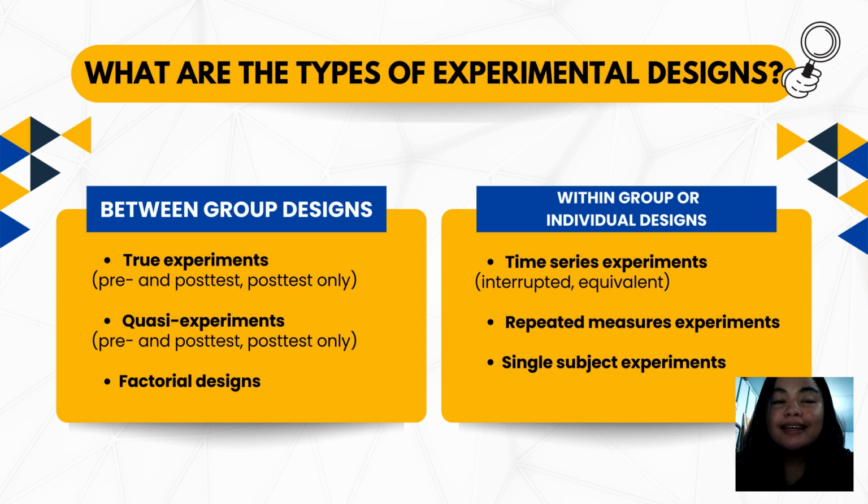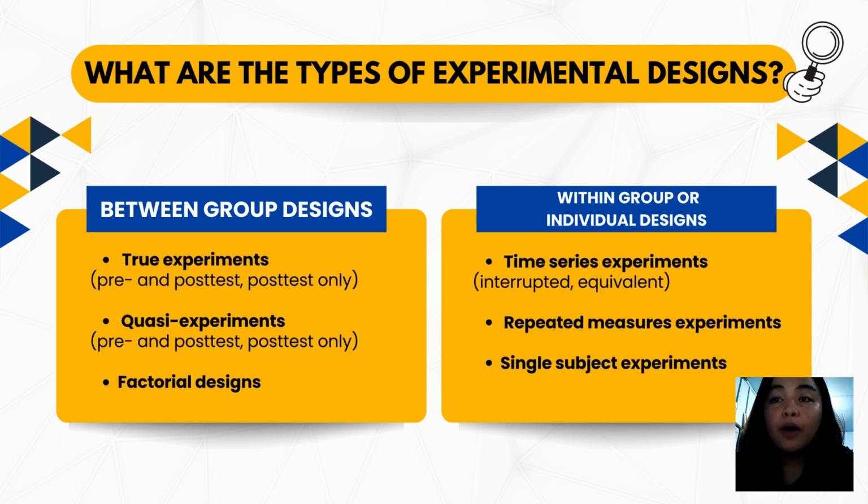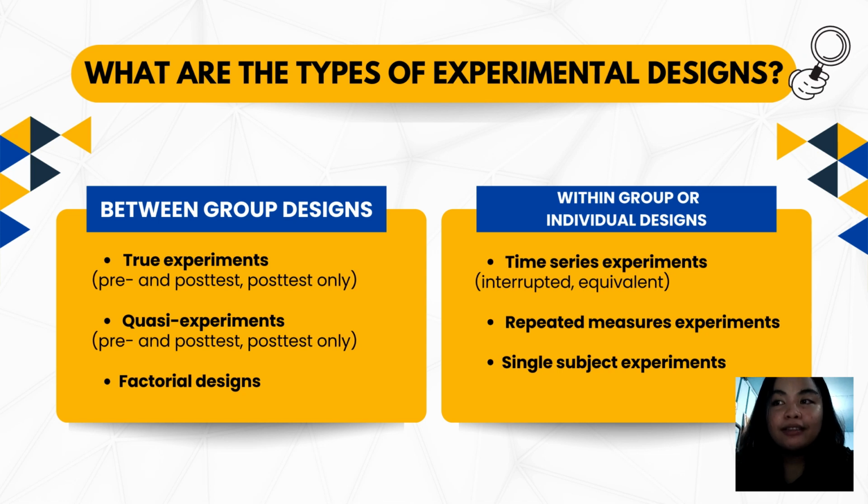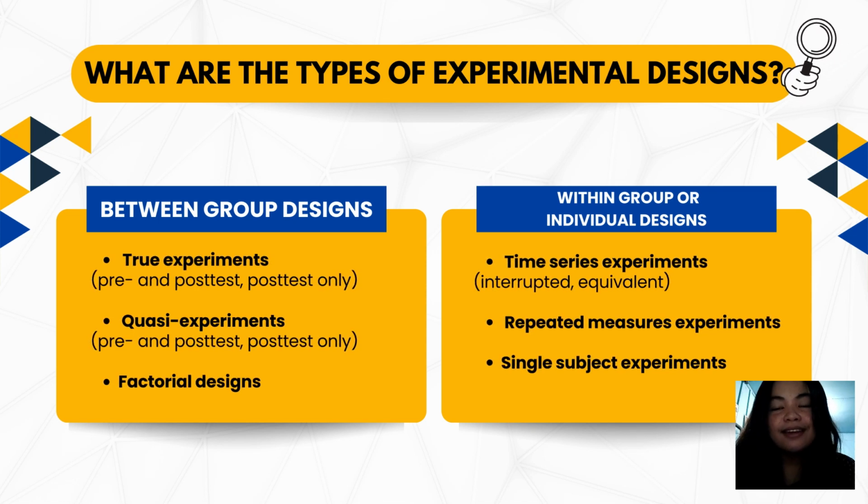Then the third one is single subject experiments. These focus on one individual's response to different conditions or treatments. It's important to recognize these designs and understand their key features. This helps us choose the design for our study or evaluate someone else's research.